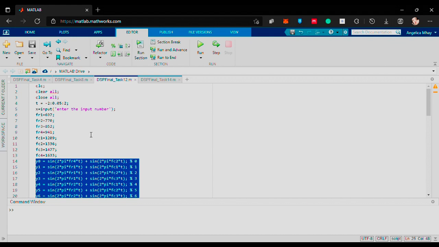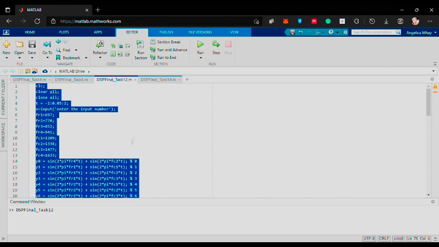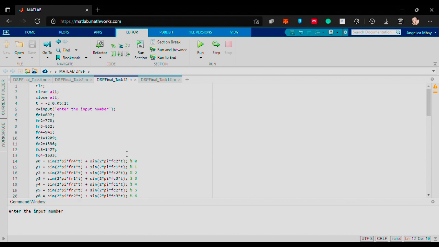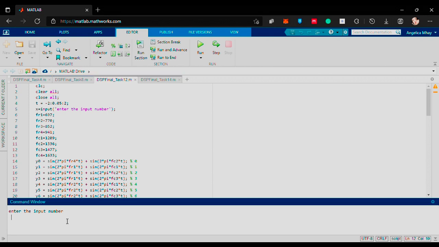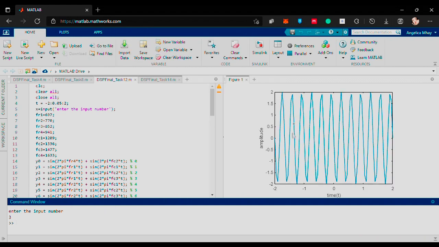So for this task, we're going to input four numbers, which are 5, 8, 3, and 12, or the hashtag. So let's run it. First is the 3. Let's start with the lower value.